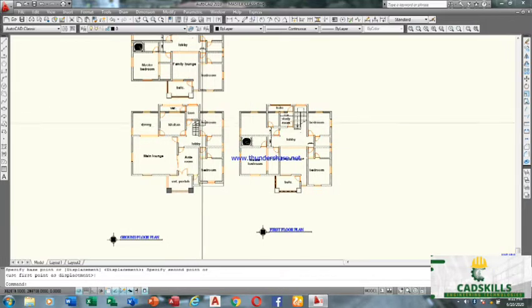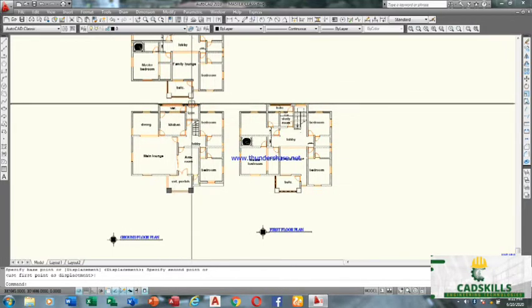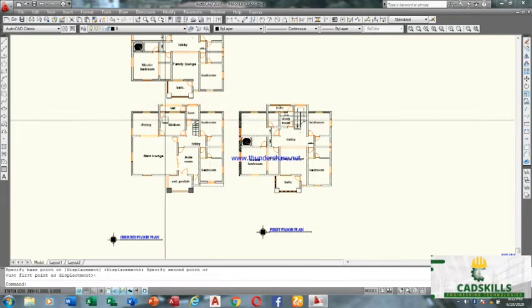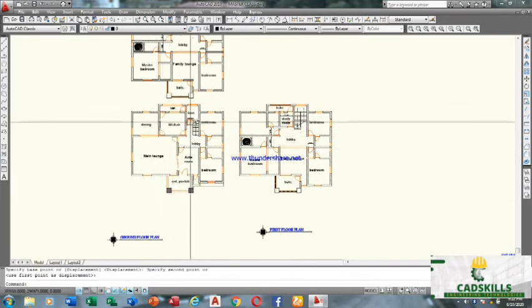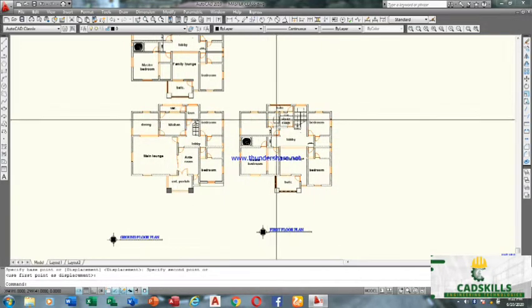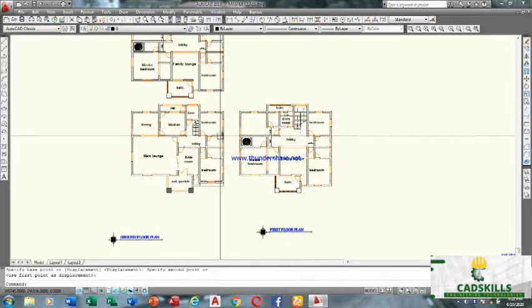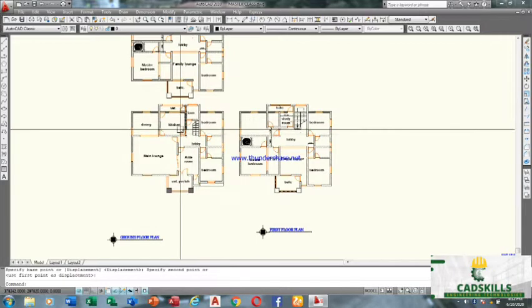Take your cursor to check up and check down vertical edges to make sure that they align. So after doing that, you trace the inner walls, vertical and horizontal.